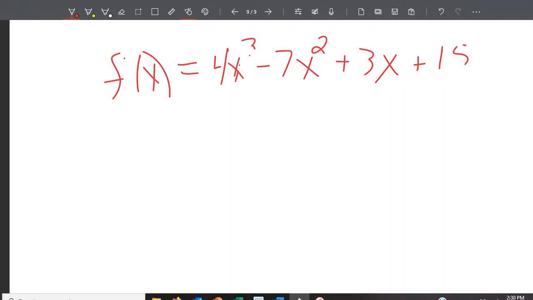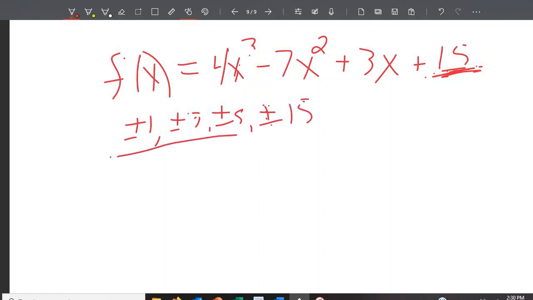Okay, so we would take all the factors of 15, the last number, in the top, then in the bottom we would put all the factors of 4.